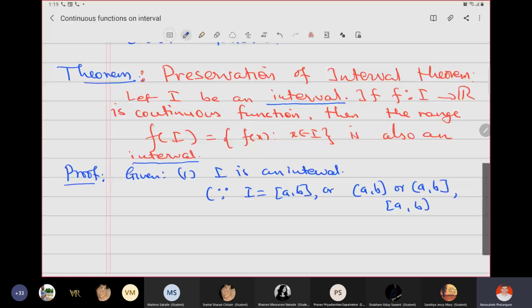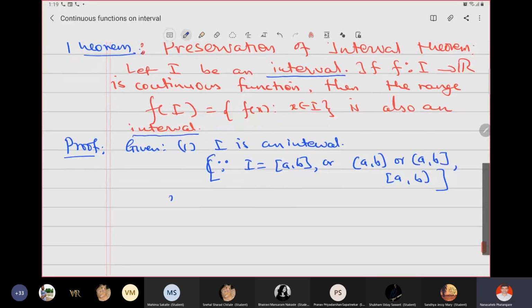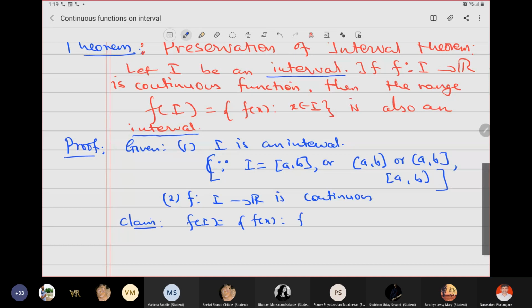So it is any of these types. Remember this. Secondly, f defined on I is continuous. So our claim is that f of I, the collection of images, or the range, is an interval.